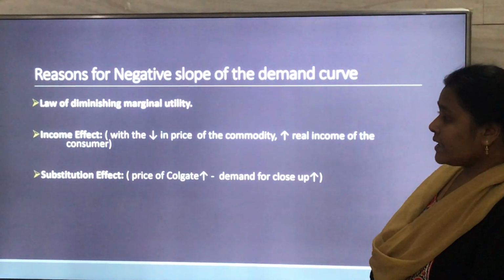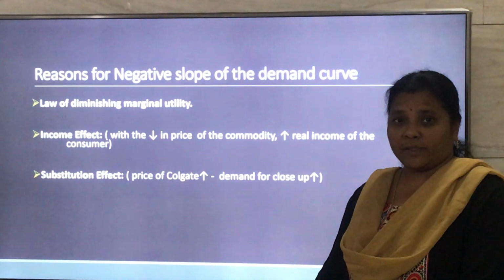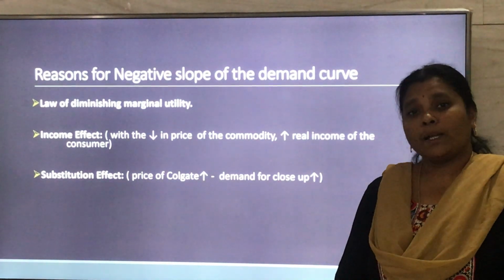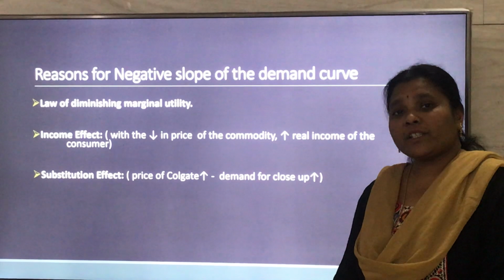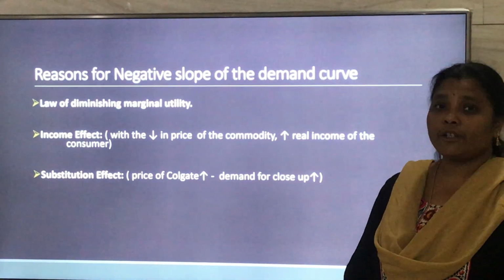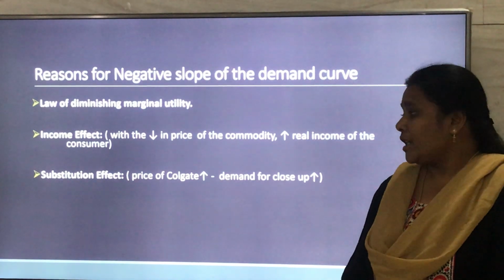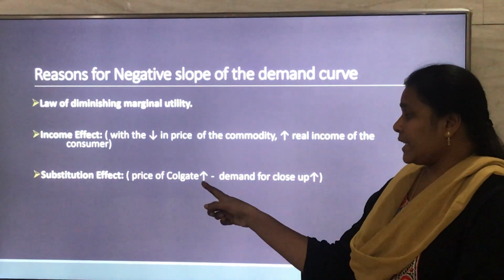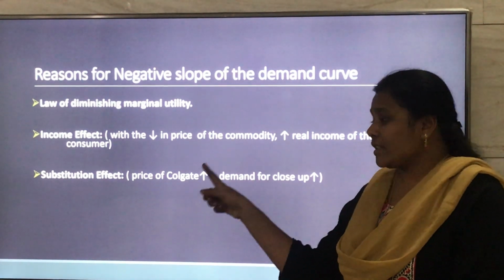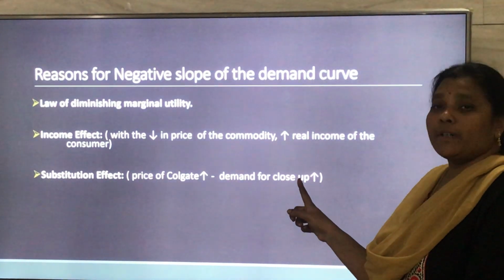The other reason is the substitution effect. Substitution means goods which are used in place of another. A small change in the price of one particular commodity affects the demand for another commodity, isn't it? If the price of Colgate increases, what happens? People, instead of buying Colgate, will move towards purchasing Close-Up.